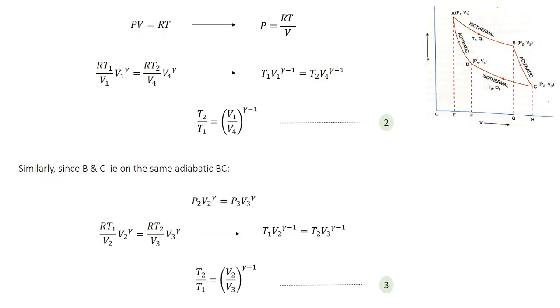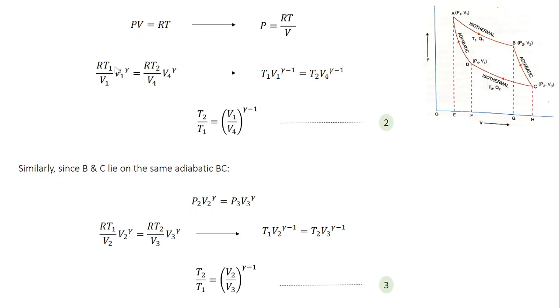So in my original equation, I can substitute for P. In the first case, the P1 V1 is associated with temperature T1, so I can write P1 as RT1 divided by V1. Similarly, in the case of P4 V4, this is associated with temperature T2, so I can write P4 as RT2 divided by V4.